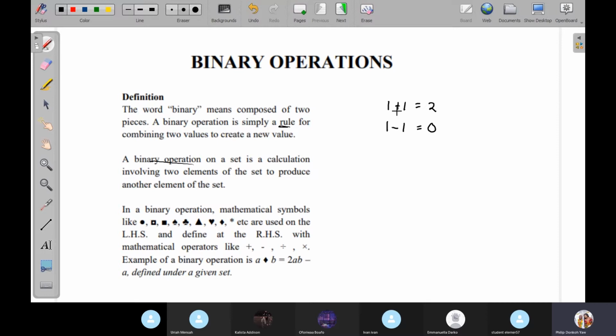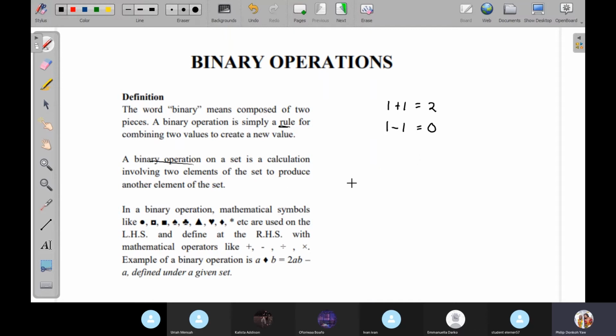In some cases, you may have two or more operational signs coming on board, but it's just combining two items at the same time. So we define the binary operation with a symbol.